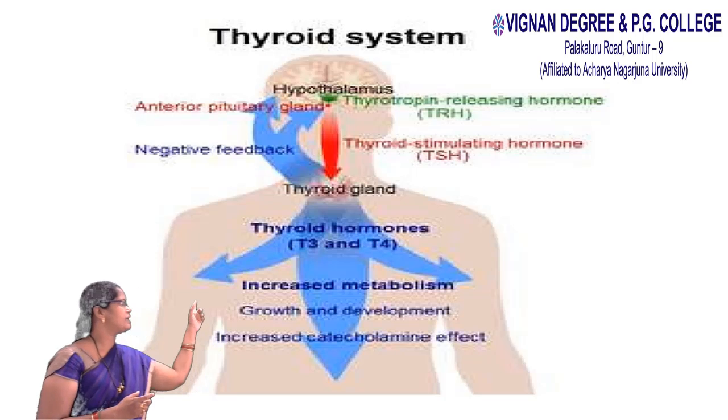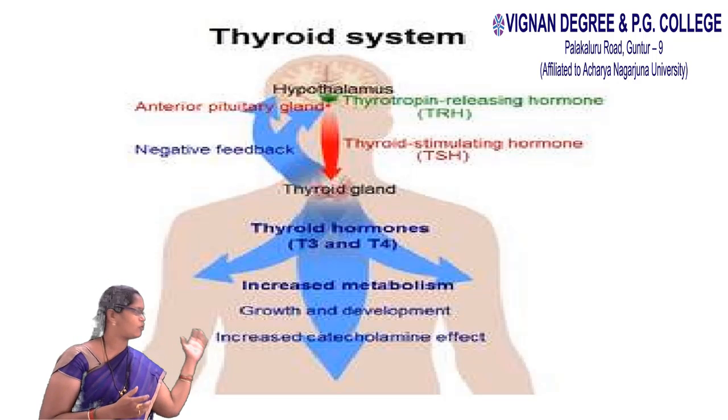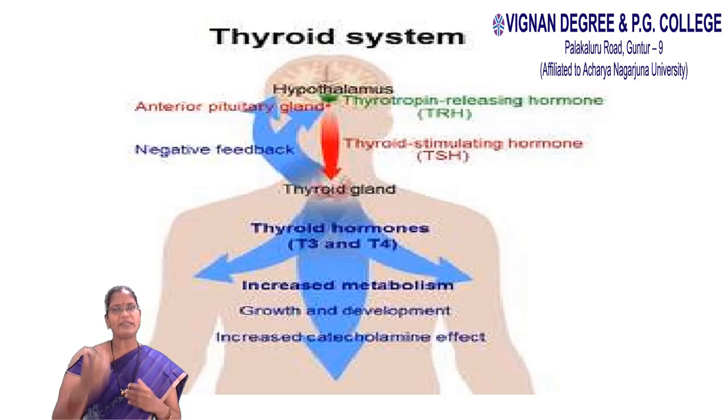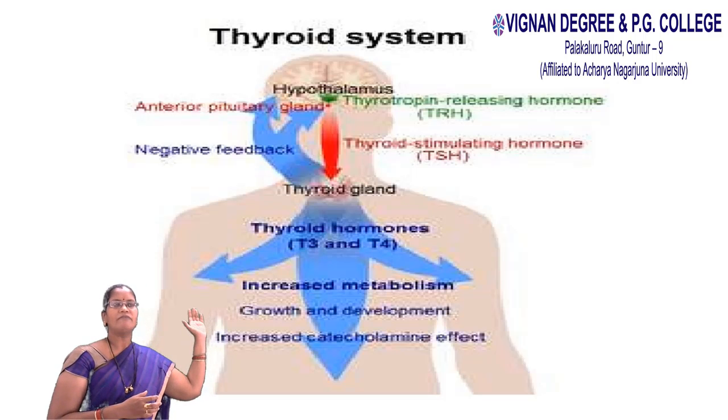This TSH will act on the thyroid gland and stimulate it to secrete thyroid hormones T3 and T4. The secreted T3 and T4 hormones show effects like increasing the metabolism, promoting growth and development, and mainly increasing the catecholamine effects in our body. So that is about the thyroid functioning.